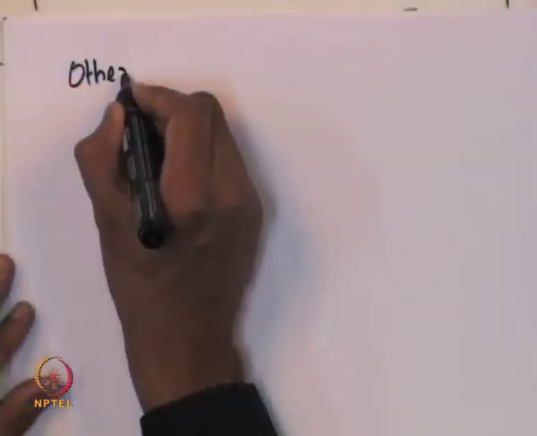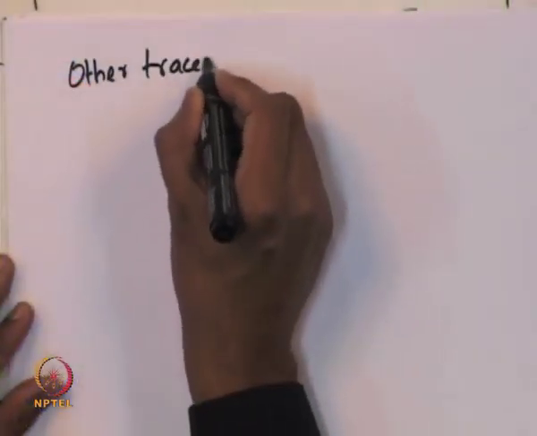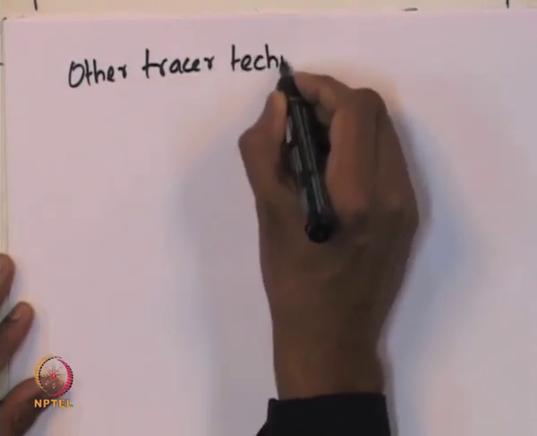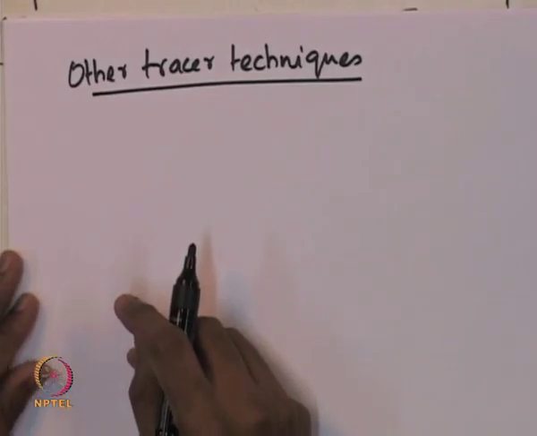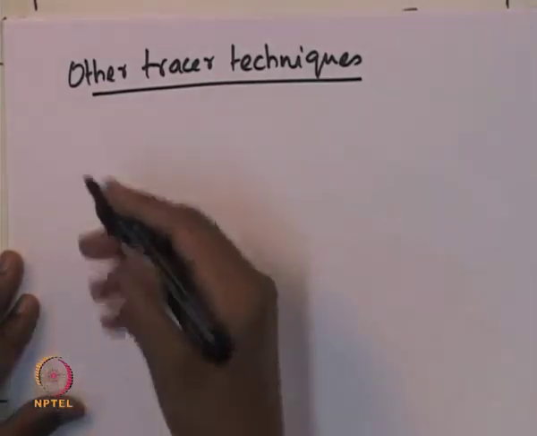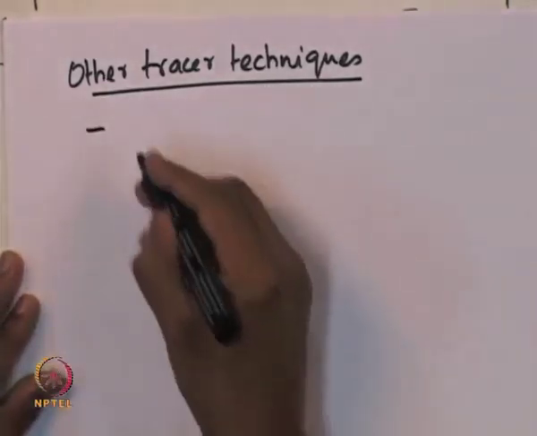So, are there other tracer techniques to measure the RTD function? The answer is of course yes. There are other tracer techniques, but these are not very commonly used because it is difficult to perform these experiments.